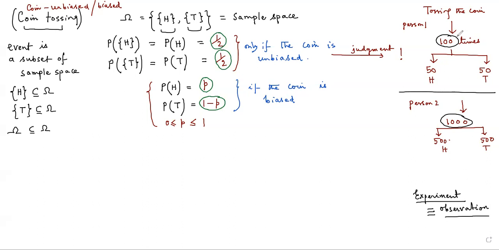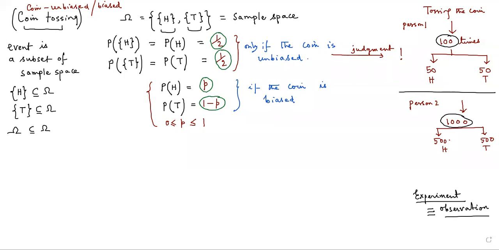Doing the experiment 100 times means he's observing the scenario 100 times, and 1,000 times means he's doing the observation 1,000 times. And then after doing this experiment, he's declaring that this coin is unbiased.